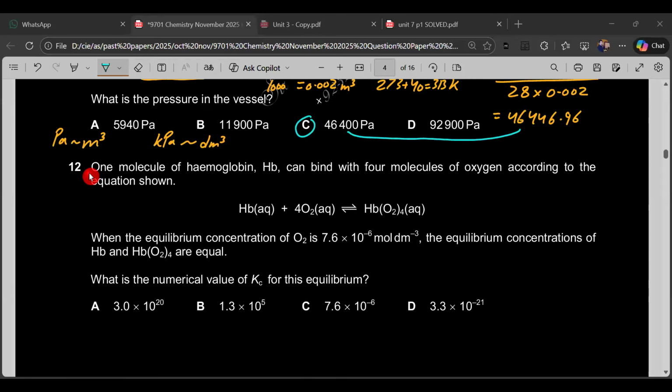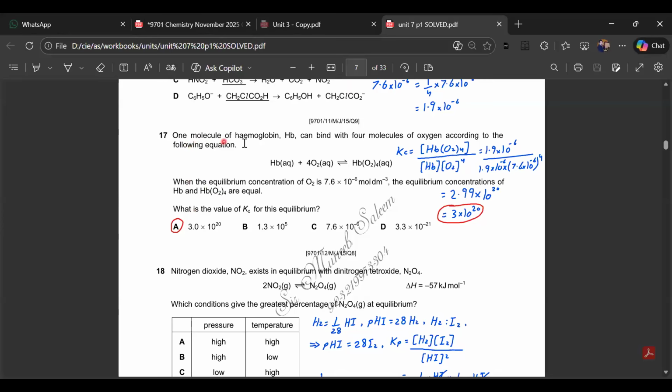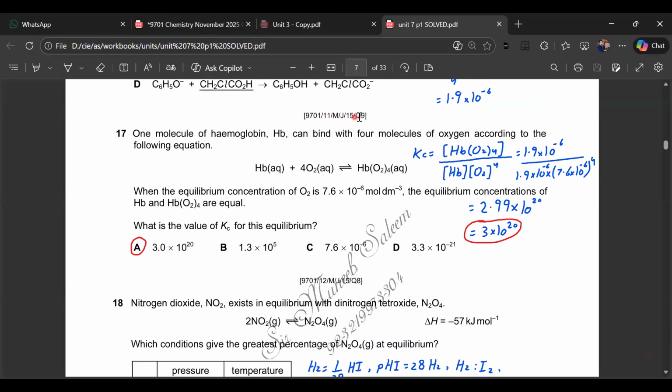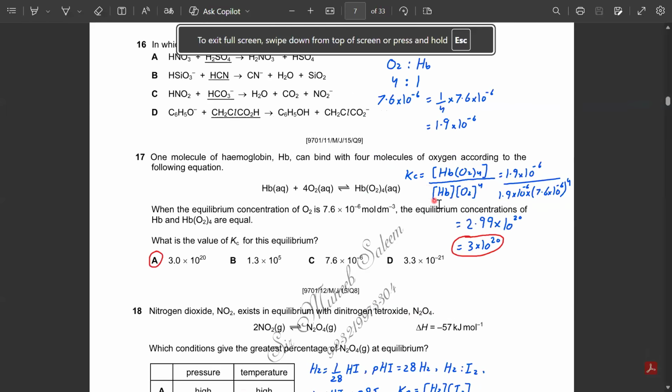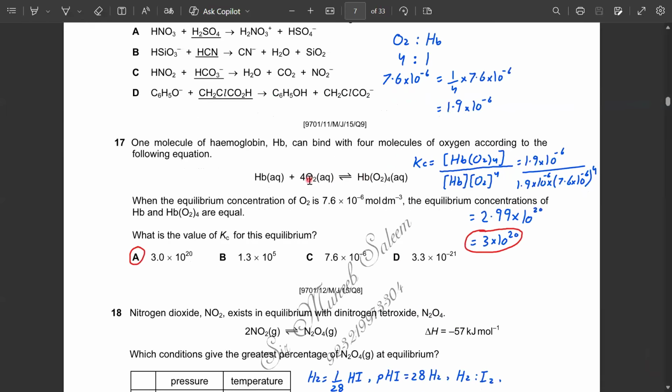Now question number 12. This question is basically a repeated question which I already solved before. We can see the question is taken from May, June 2015. So here, what we basically did, we first took the equilibrium expression of this equation. According to that, this is the equilibrium expression.